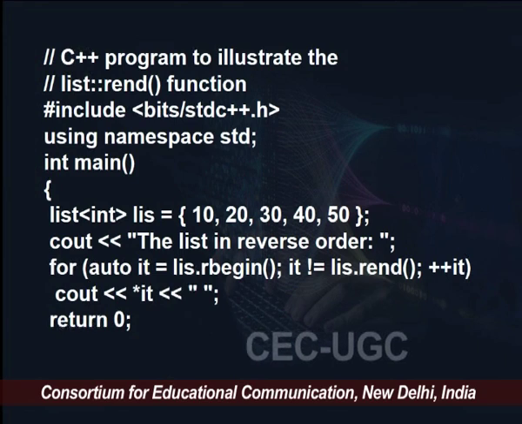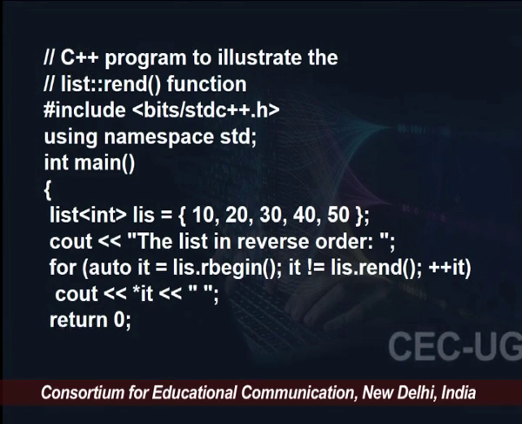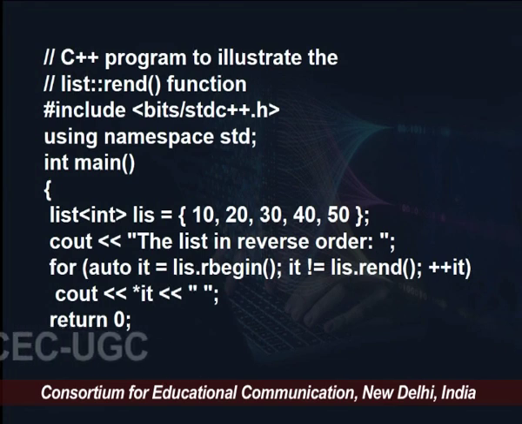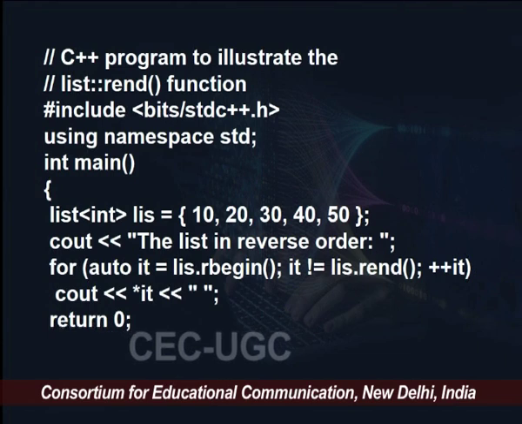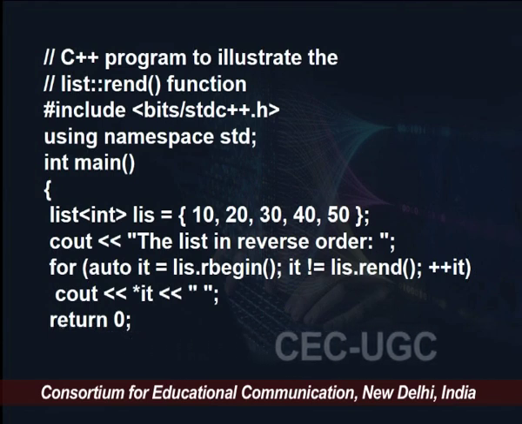Here also, as the example code of rend, we have given the same example, that is a list being made with 10, 20, 30, 40, 50, and in order to print it in reverse order, we will start from rbegin, which is the reverse begin, the last element.